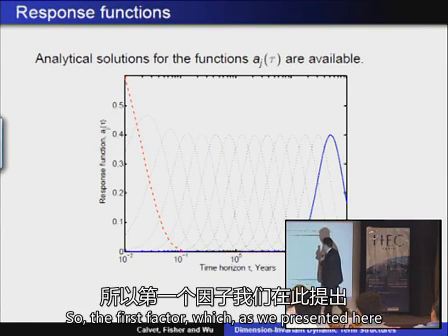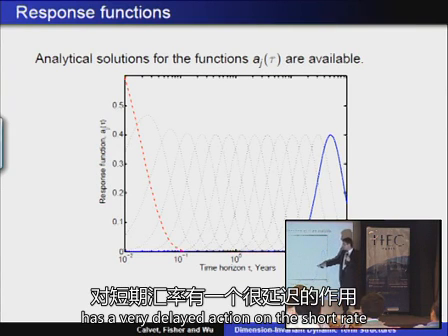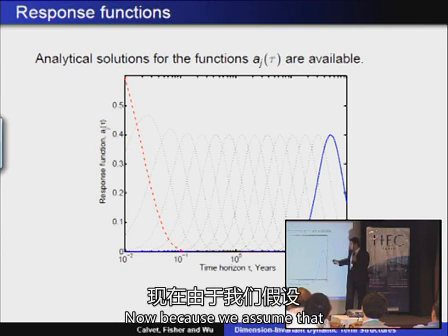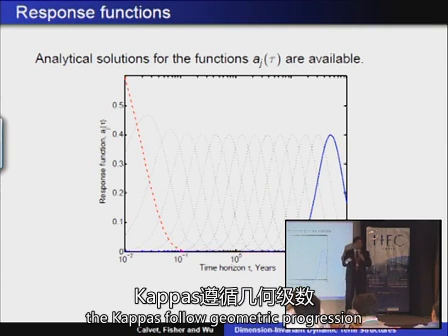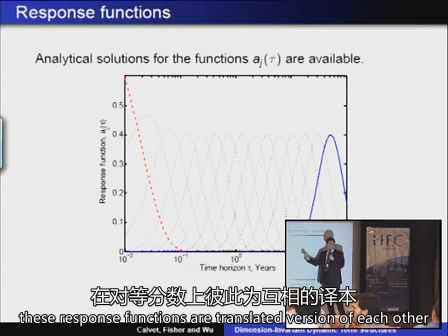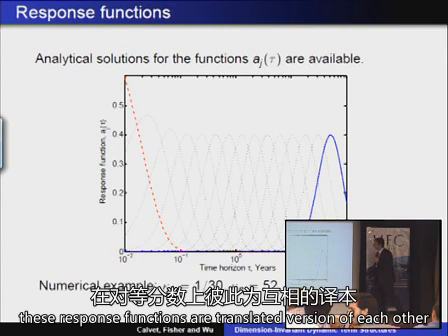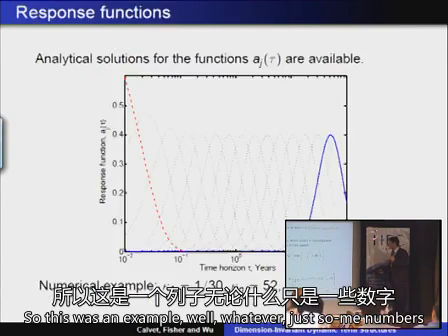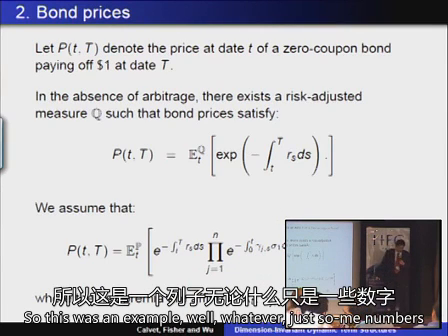So the first factor, which is represented here, has a very delayed action on the short rate. Now, because we assume that the kappas follow a geometric progression, we can show in the paper that in log scale, these response functions are translated versions of each other. So this was an example, with some numbers.